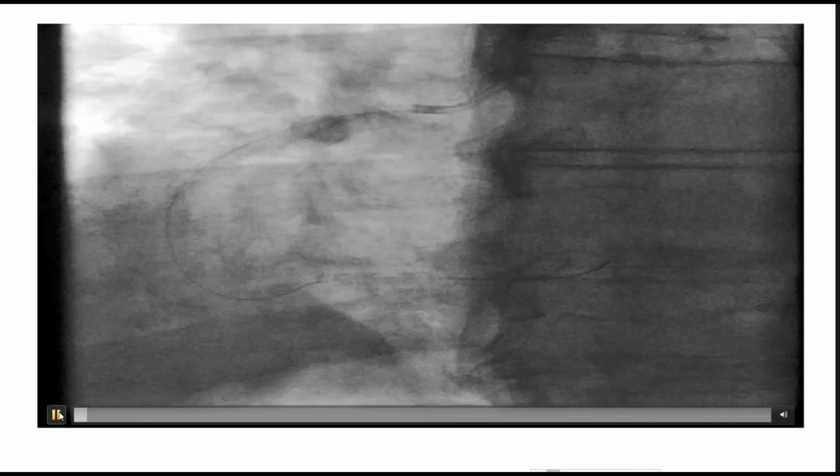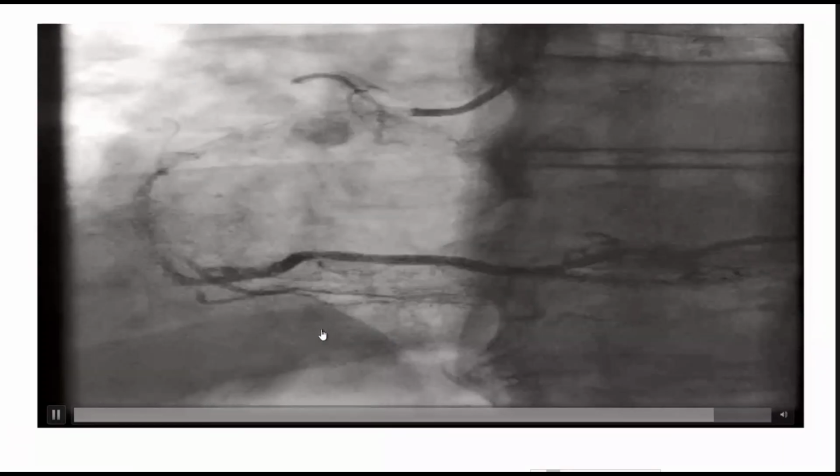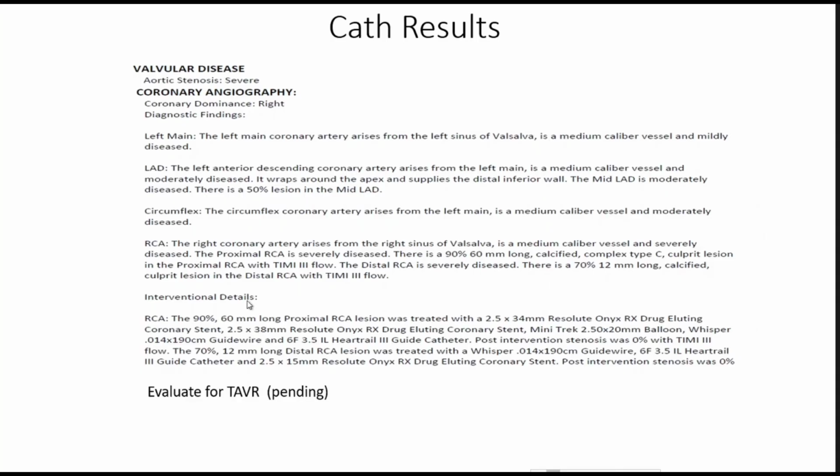So they subsequently stented the right coronary artery, and they did cross the aortic valve, and he does have severe aortic stenosis, even though the echo, back to Chris's point, which probably was contaminated flow, did not clearly define the severity of the aortic valve. It turned out to be significant.